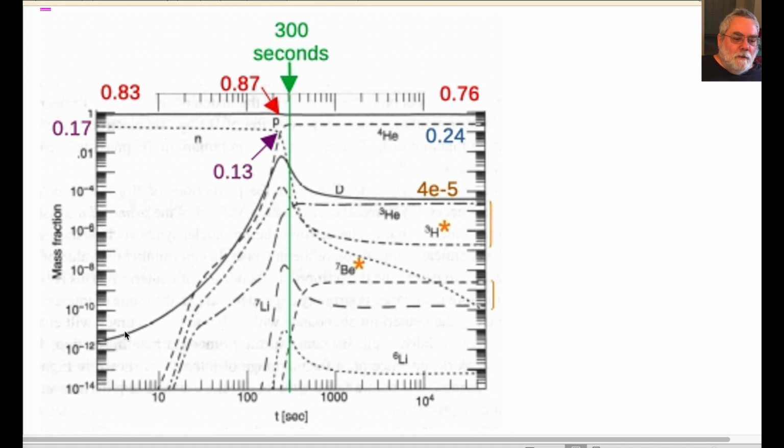Deuterium gets formed, more. But at this time, instead of the deuterium plateauing to the upper right, the deuterium fraction falls off. And we cover that next.